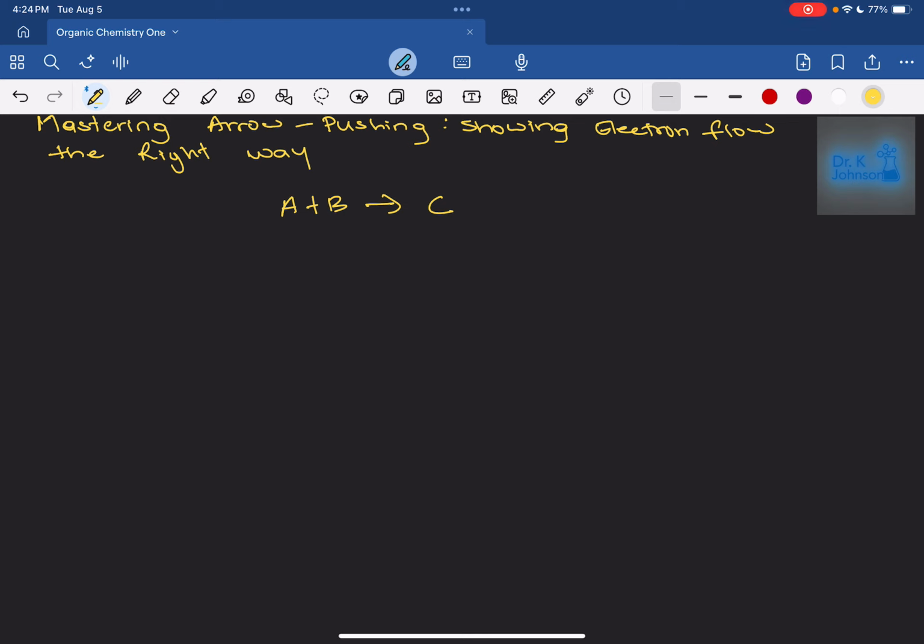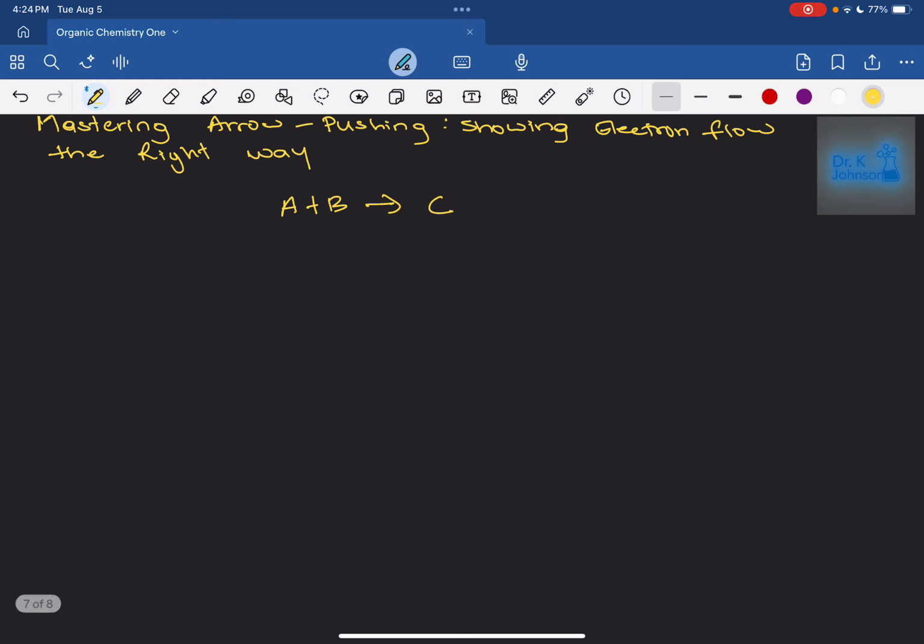So let's talk about the rules and what is allowed when you use arrows to show the movement of electrons. Notice what I'm saying: we're using the arrows to show movement of electrons. Extremely important in reaction mechanisms and just writing chemical reactions. The first rule: let's talk about what the arrows look like.